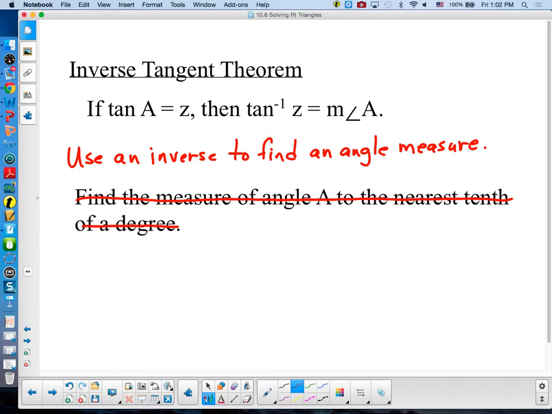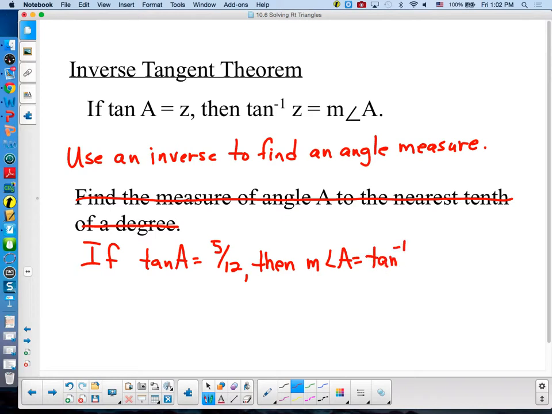So let's put an actual example up there. I'm trying to decide how I want to write it. I think your book will say something like, if the tangent of A is 5/12, then the measure of angle A is tangent inverse of 5/12, which is what?